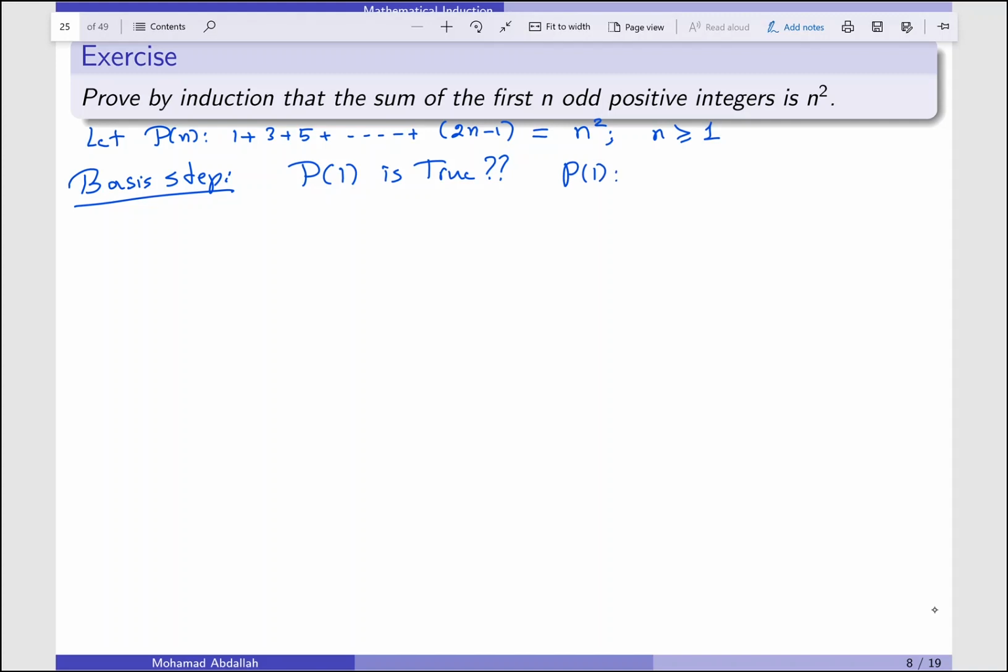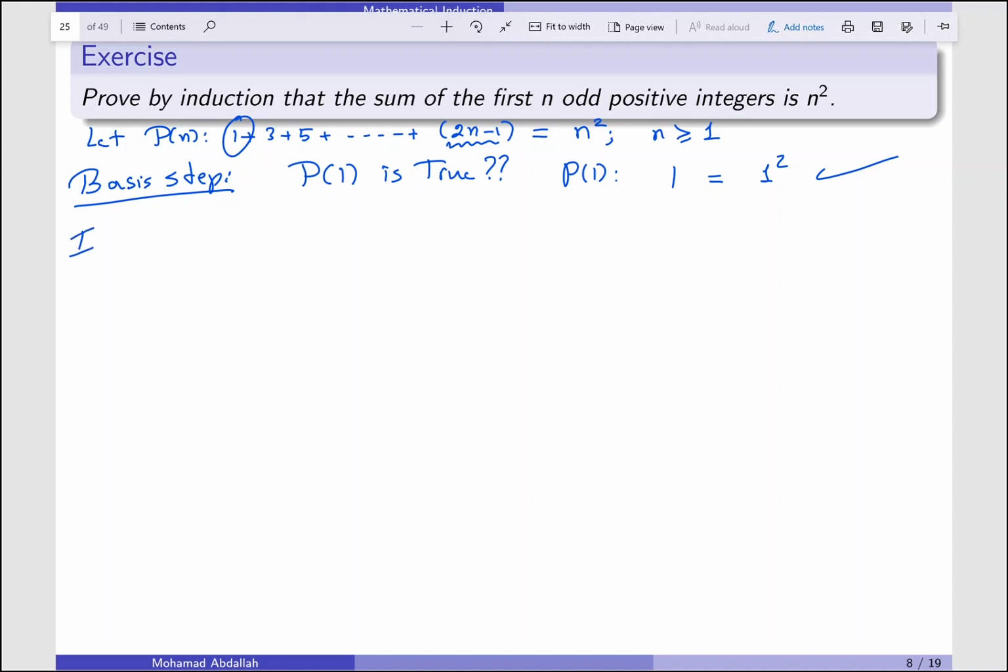P of 1 means this. Here I'm going to have, instead of n, 1, so 1 squared. On the right-hand side, I'm going to stop at 1, because when n is equal to 1, that number right here is 2 times 1 minus 1, which is 1. So I'm going to just stop here. 1. Is 1 equal to 1 squared? Yes. So this is done. The basis step is correct.